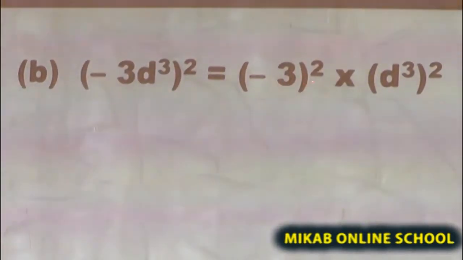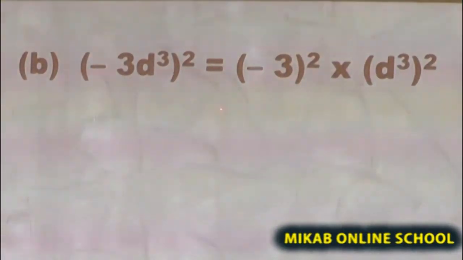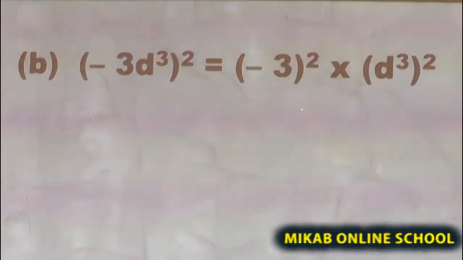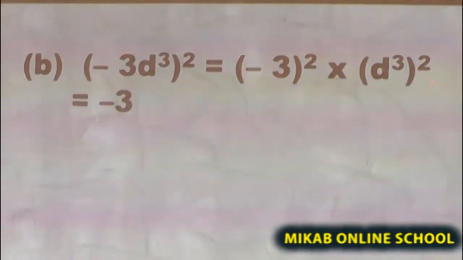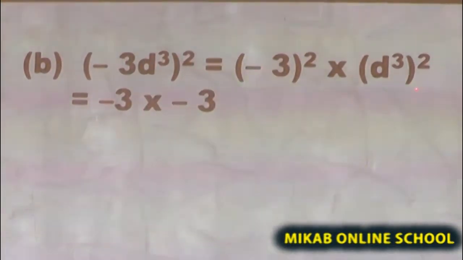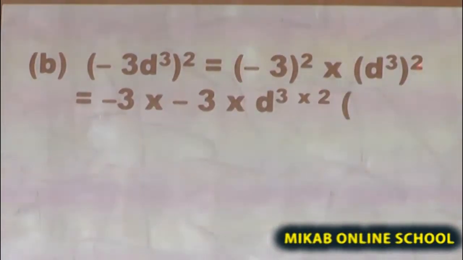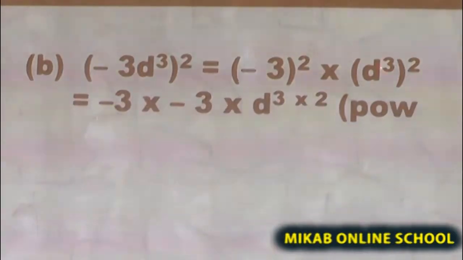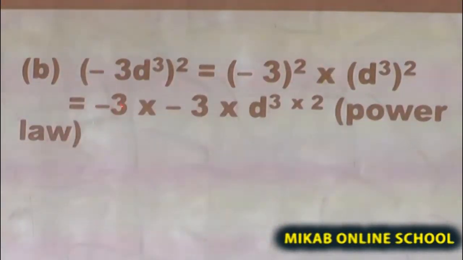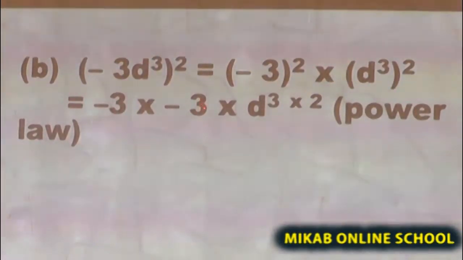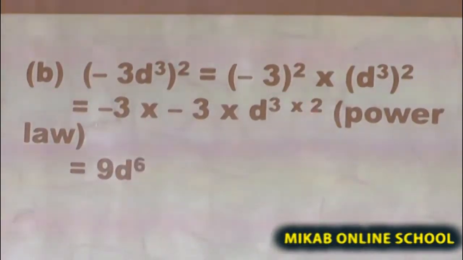Now, the expression of this one is going to be minus 3 times minus 3. And for this one, if you go back to the power law, all you need to do is multiply this 2 by this 3 as the power of d. The result of that will give us minus 3 times minus 3 multiplied by d raised to the power of 3 times 2.